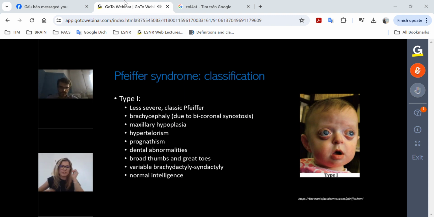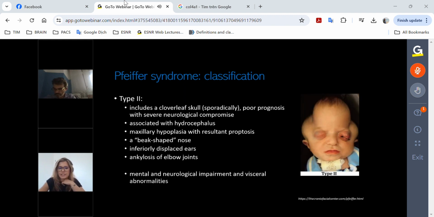So there are 3 types of Pfeiffer syndrome. You have the type 1, which is the less severe, and it's the classic one, where the child presents with brachycephaly, the maxilla is hypoplastic, they have hypertelorism, as you can see here on the picture, and of course, proptosis of the eyeballs. They also have limb anomalies, and they can present with a normal intelligence.